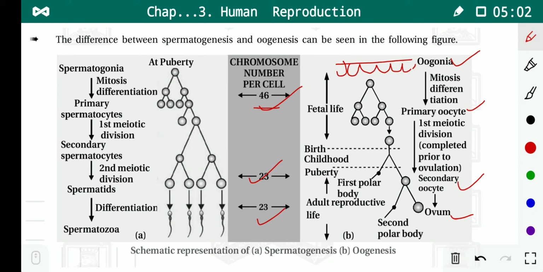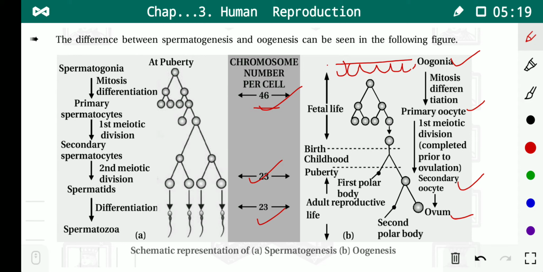The cells, due to the effect of hormones, start cell division and produce the ovum. This process is called oogenesis. Formation of ovum is called oogenesis.